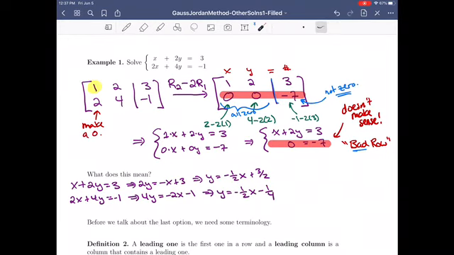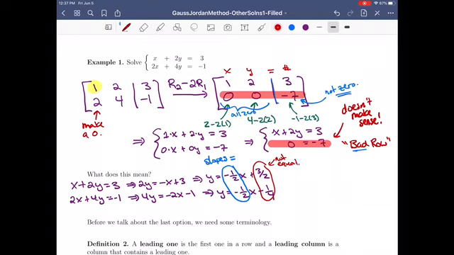So notice I got the same slopes. The slopes are equal, and the y-intercepts are not equal.